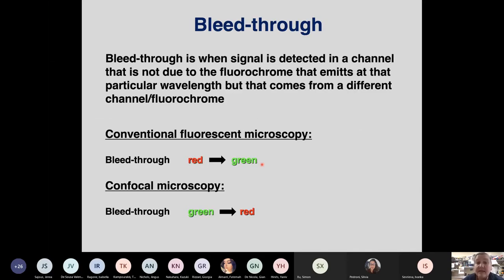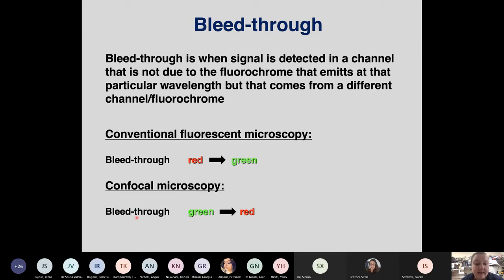Bleed-through. Well, bleed-through is another enemy that we have, and that's something that comes from the microscopes. And the problem with bleed-through is that in the olden days you used a conventional, or you still use a conventional fluorescent microscope, and usually the bleed-through goes from the red channel into the green channel, because there's these people around who buy the cheap green filters, so they are blue and not turquoise, and they don't cut off sufficiently against the red fluorochromes, which is why a lot of people historically used to stain the red and overstain the green.